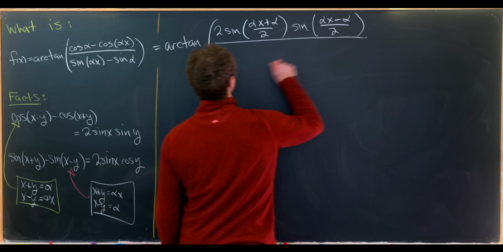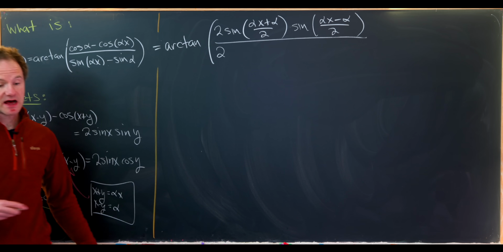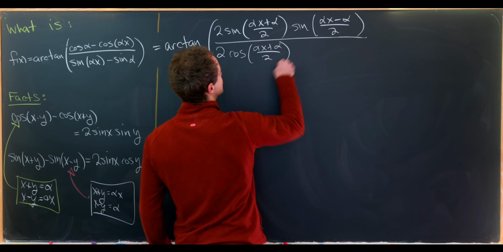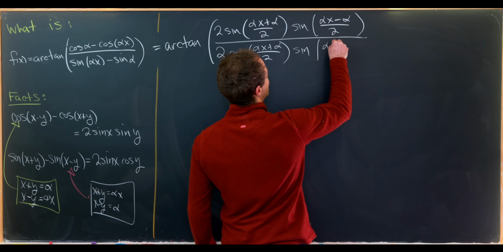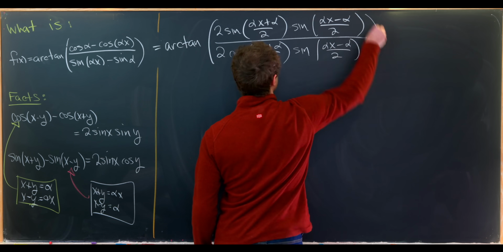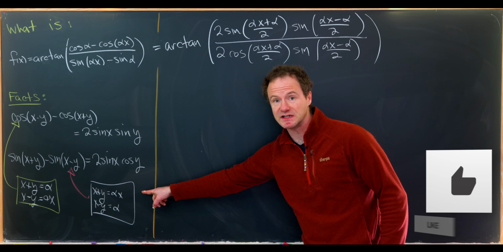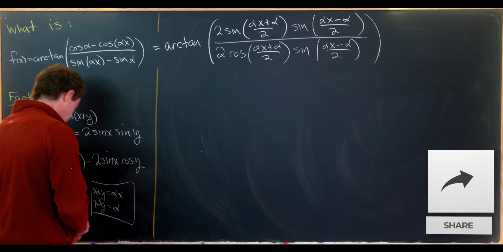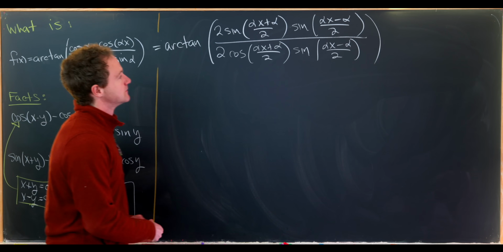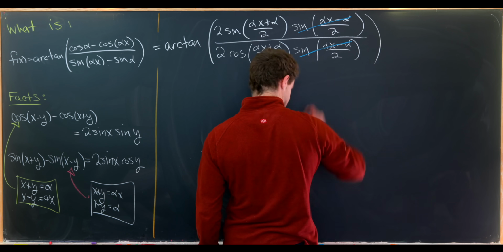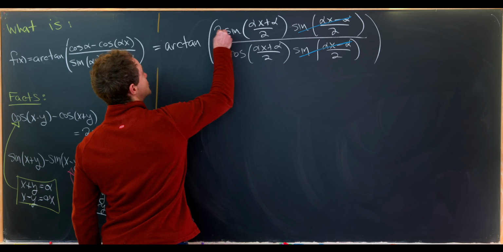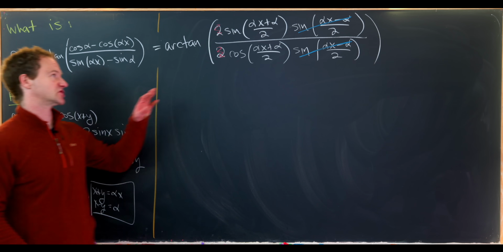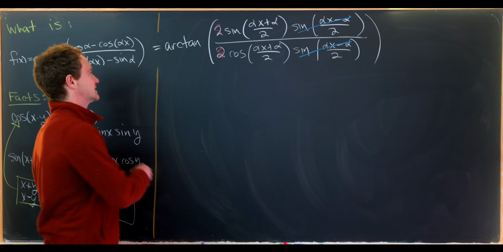Okay, and then in the denominator we'll have 2 times cosine of alpha x plus alpha over 2, and then the sine of alpha x minus alpha over 2. Again, that comes from these boxed equations where we solve for x and y. Okay, but now let's note that we get quite a bit of simplification. So this sine cancels this sine, and then this 2 cancels this 2, and then of course sine over cosine is equal to tangent. But in that case we're using the fact that the arguments are the same.